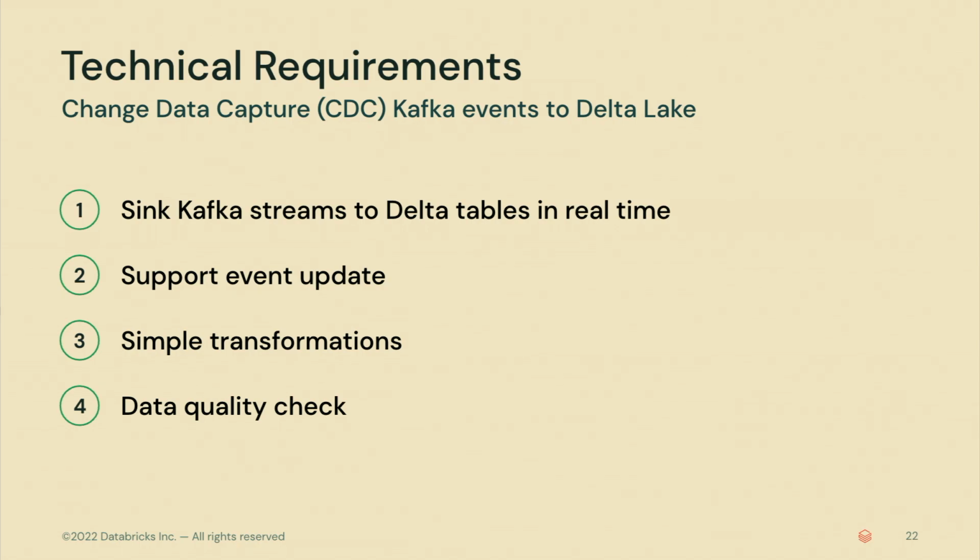When it becomes available, the upstream publishers want to republish the events. So we will see events with the same identifier, but with different attributes. We want to support that and be able to update our rows in our tables. We also want to support simple transformations and data quality checks, of course, to make the data in Data Lake higher quality.